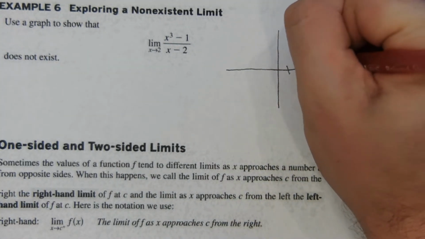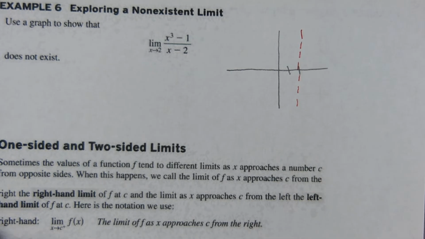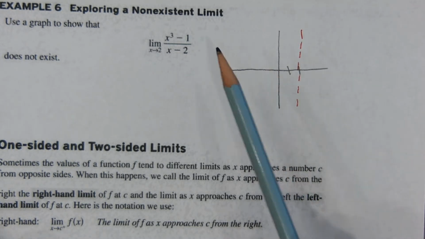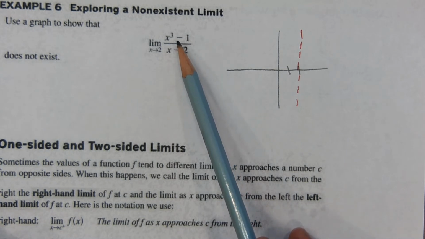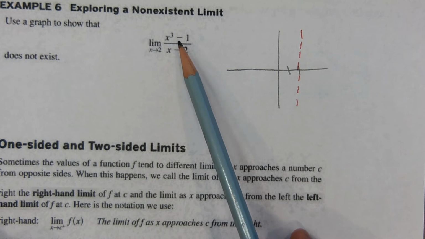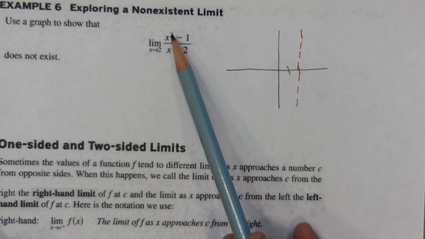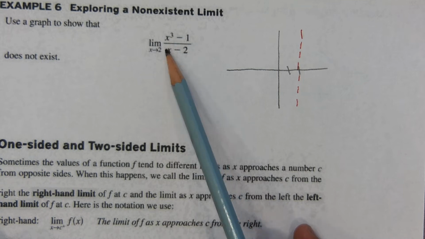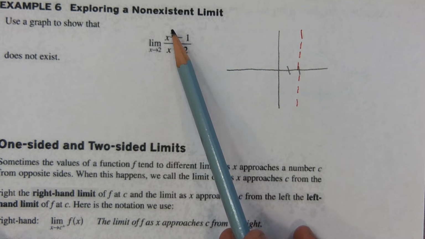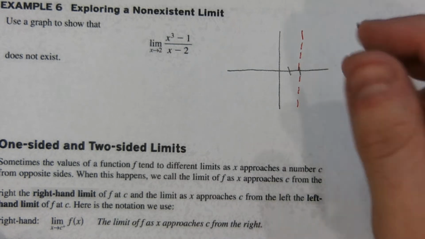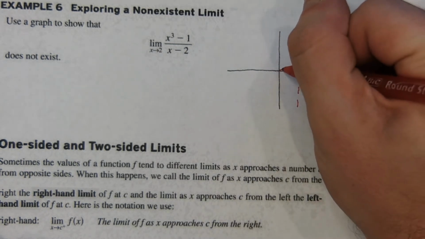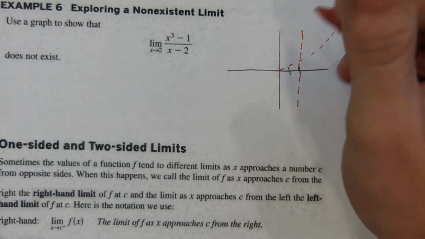Vertical asymptote right there. And you might not remember it, but way back, quarter 1 or 2, we talked about end behavior asymptotes, and we said that you could look at the degrees of the top and the bottom. See, x to the third over x is actually x squared. So you didn't know it, but this graph also had a parabolic asymptote.